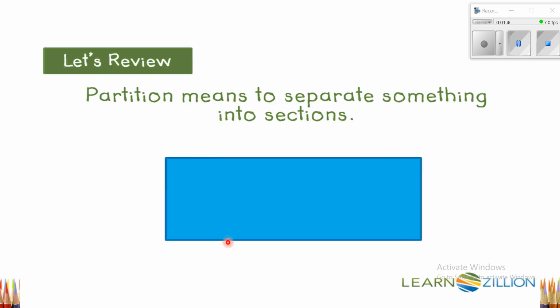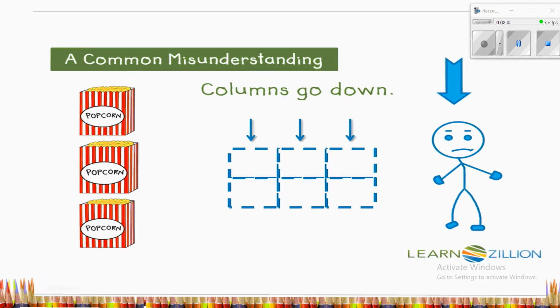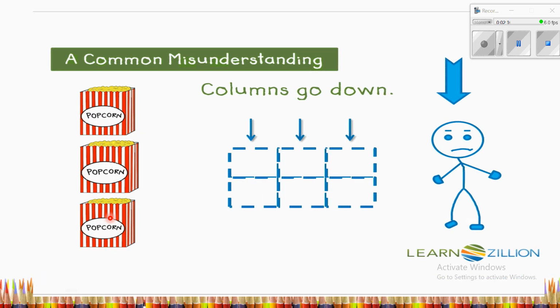If I have this lovely rectangle, I want to partition this rectangle into sections. Partition means to separate something into sections or divide something into sections. How do we do that? Look here. I want to partition this by drawing columns. What is the meaning of column?